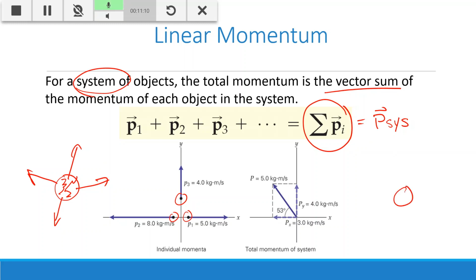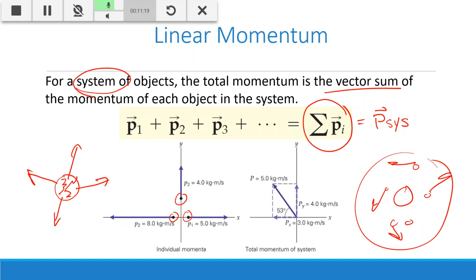Think about an atom: you've got your nucleus, and all these electrons moving around in all directions, and together they have a momentum. Or you could think of gas particles, a whole bunch of oxygen molecules moving in all different directions, and we want to know the net momentum of all of that. There are lots of reasons why we might talk about the momentum of the system.